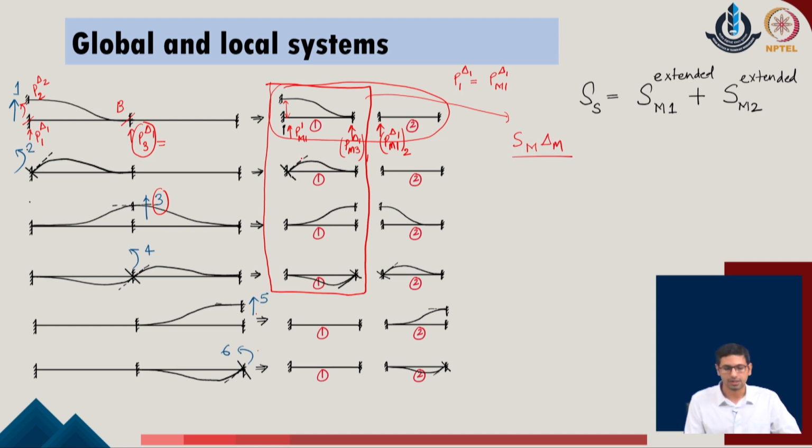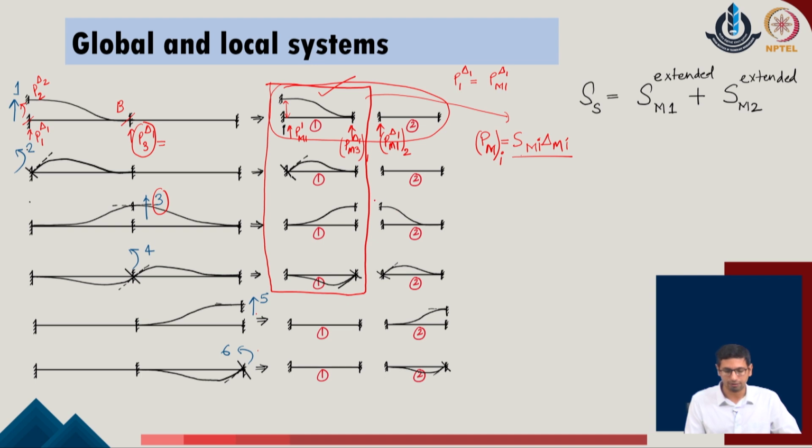What we mean to say is that all these sets of forces which we are generating for the highlighted portion over here are the set of forces which can be easily identified for the member components. For any given member 1, I can identify the corresponding stiffness matrix of the given member and the corresponding set of deformations available in the given problem, and this can easily be identified for these 4 member deformation systems.